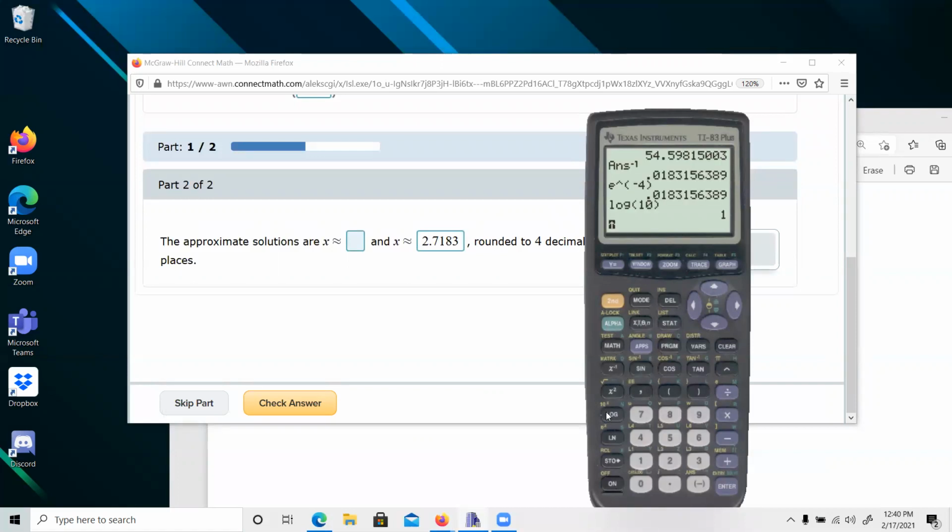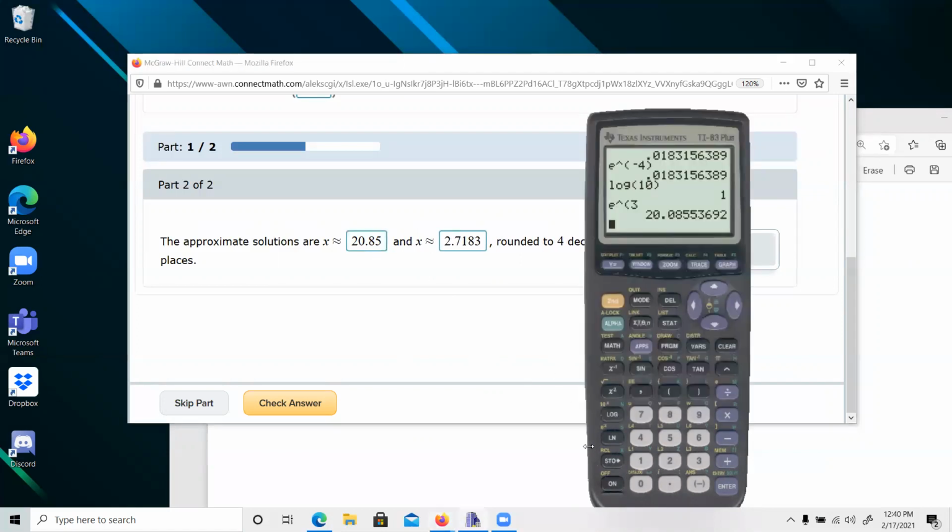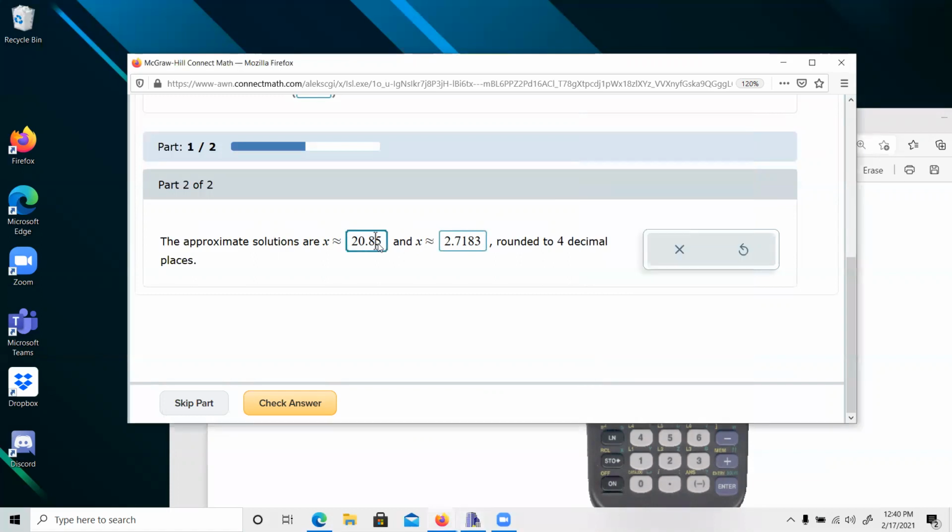So we have e cubed, 20.085. Where am I rounding? 4 decimal places. So 1, 2, 3, 4, 855. Looks like I can drop it because that's a 3 afterwards.